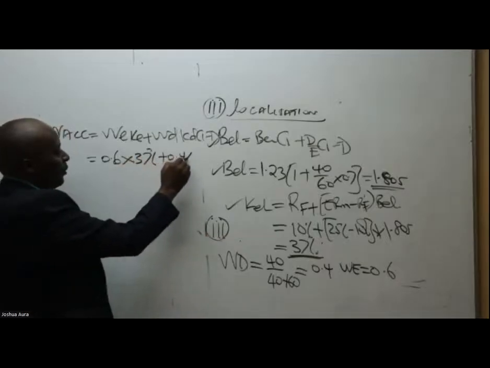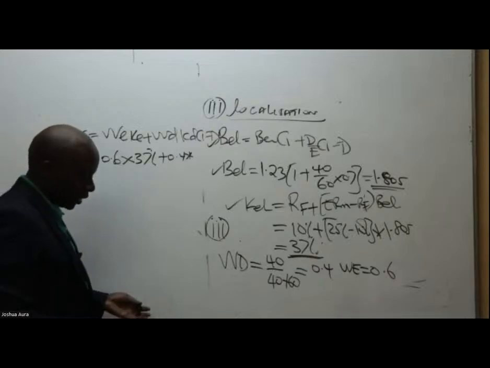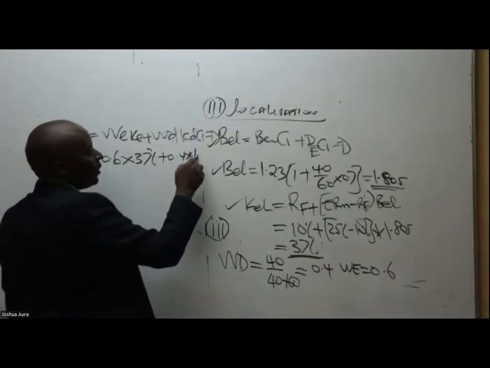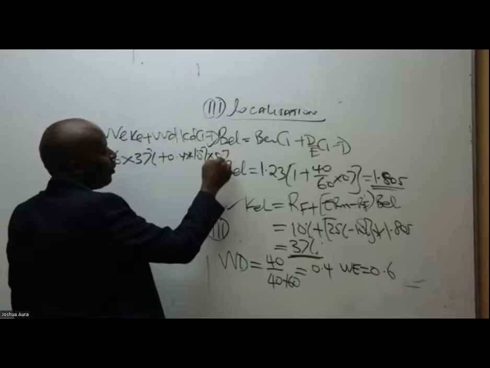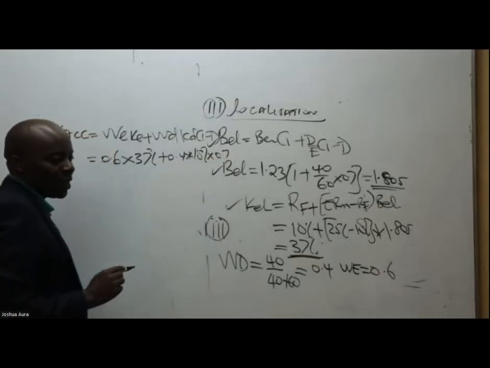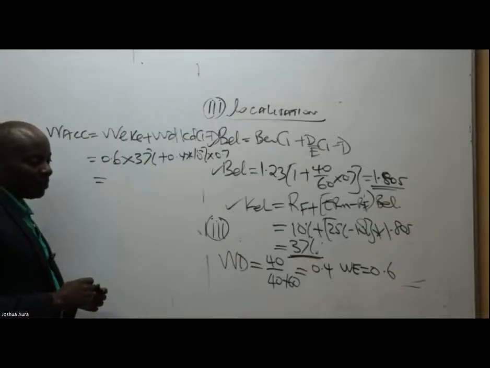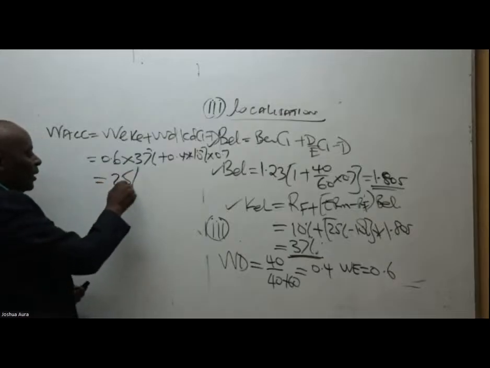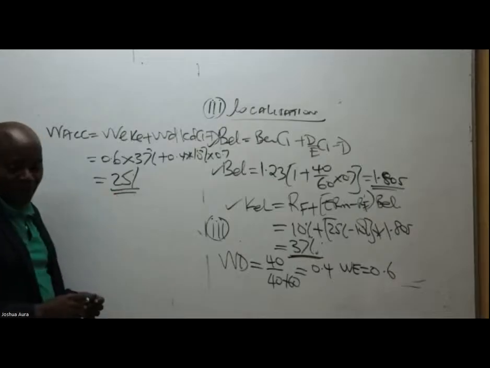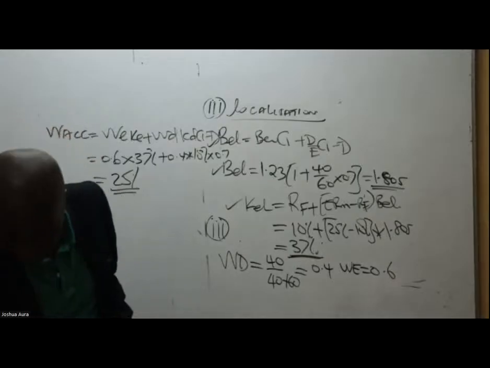Plus weight of debt 0.4 times cost of debt. Cost of debt is risk-free, which is 10%, multiplied by 1 minus tax, which is 0.7. Which then at the end of the day will end up giving us what figure, ladies and gentlemen?